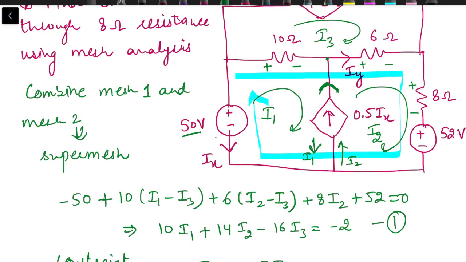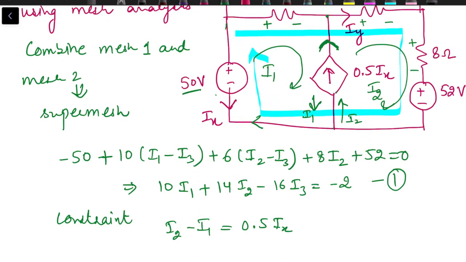We need to express this Ix in terms of mesh currents. Ix is the current in this branch. So if we look at the direction of I1 in this mesh, it will be just opposite to this. So we have that Ix is equal to minus I1.